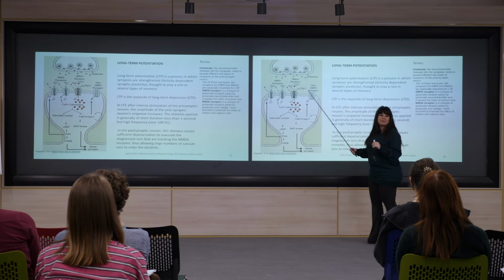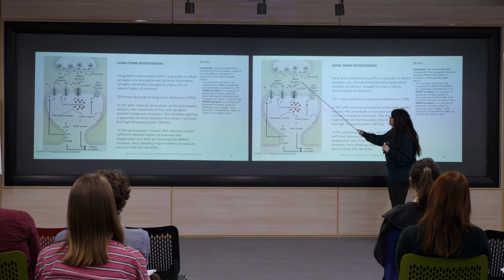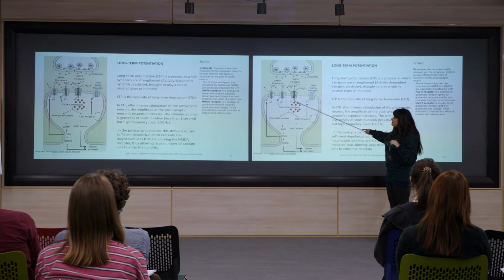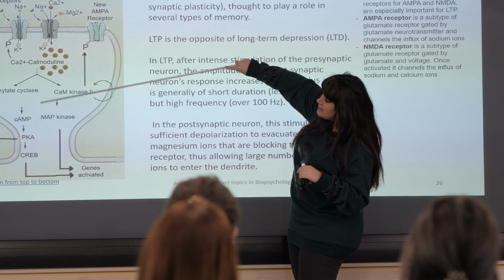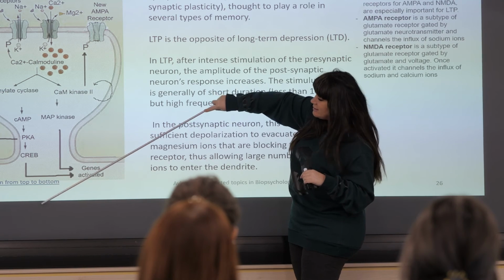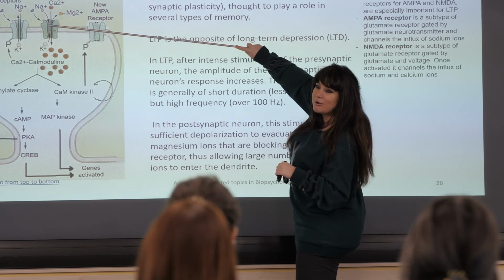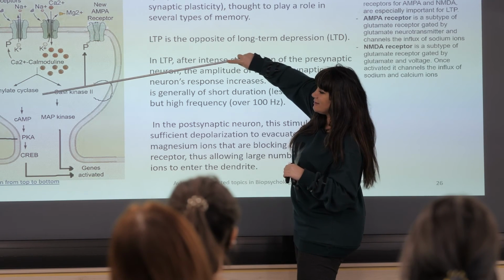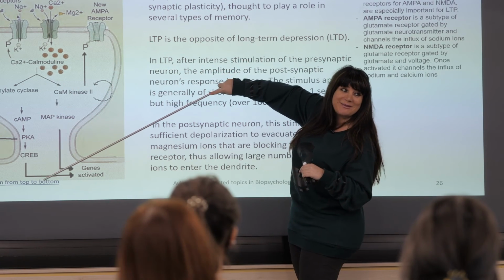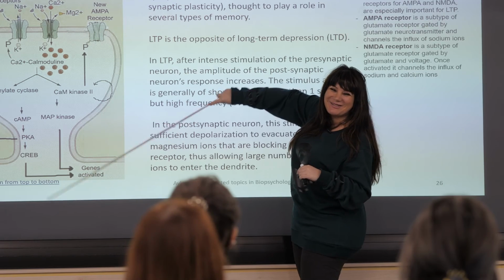We call it a secondary messenger because calcium has more to do than just changing the membrane potential. Calcium has the ability to trigger certain molecular cascades. If I'm going from here in this direction, where does it go? If this is the postsynapse, where does it go?